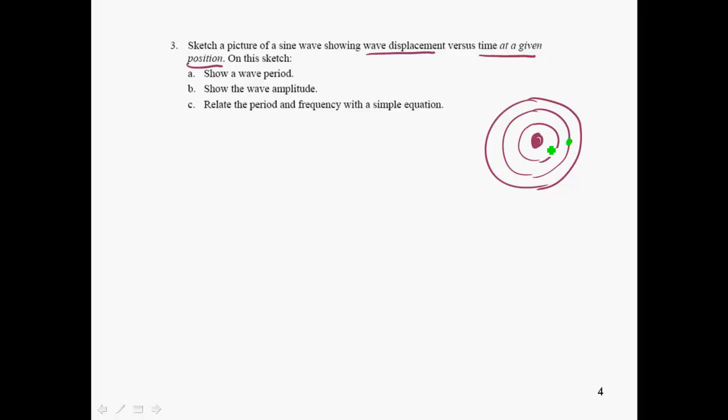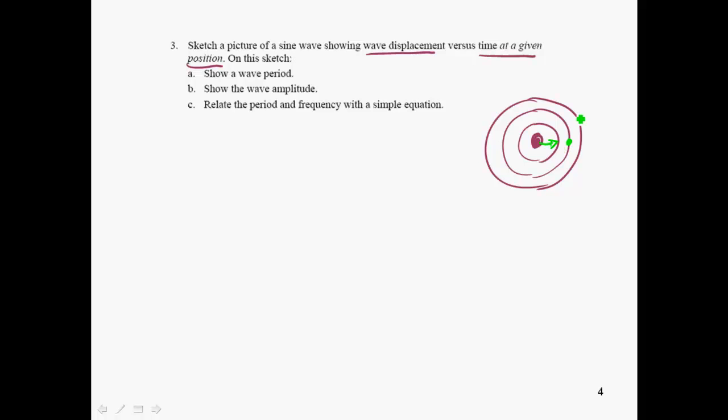As these waves move outward, from the center outward, when you keep your eye on this position, what do you think that buoy is going to do? Will go up and down, huh? Up and down. So in that position, because you have it tied, it will be moving up and down. As time goes on, you're going to see it moving up, down, up, down.